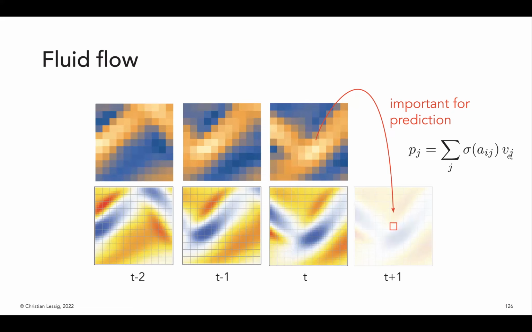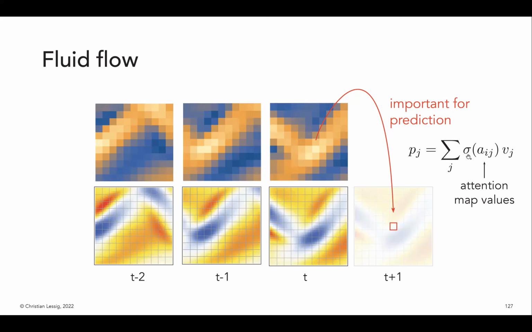You can think of it as normalized vectors that you sum together to get a new vector in Rn. And this is what you use for the prediction. So in a very precise sense, high values of Aij really contribute a lot to the information that is used for prediction.